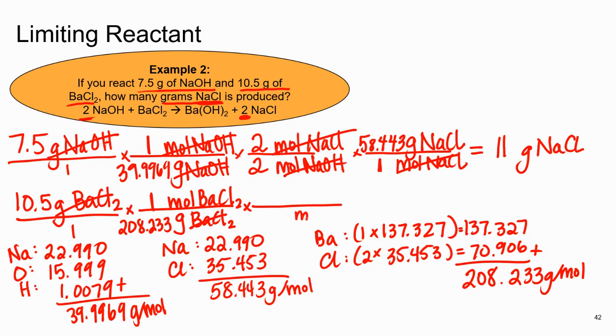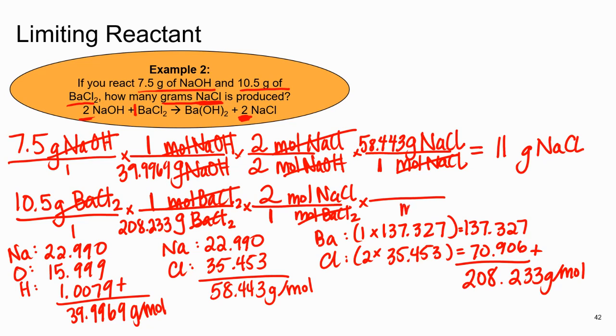We're going to bring down moles of barium chloride. We don't want to be in barium chloride. We want to be in sodium chloride. And again, 2 moles of sodium chloride are produced for every 1 mole of barium chloride that reacts. Cross out moles of barium chloride.